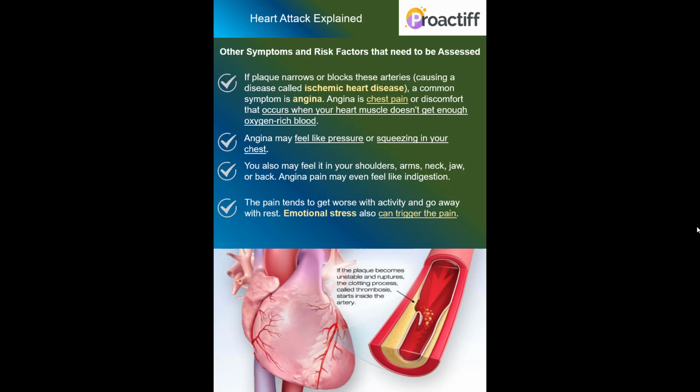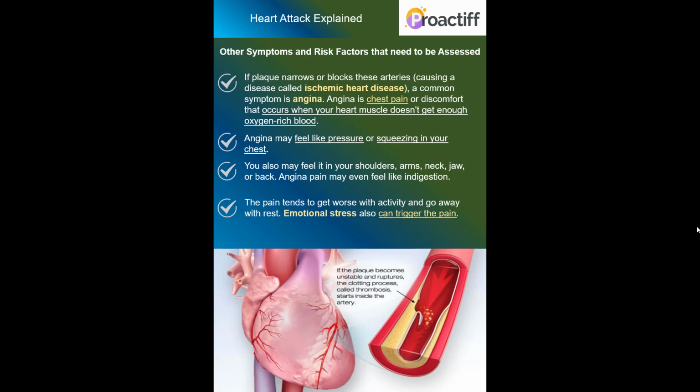Emotional stress can trigger further pain as well. One needs to take immediate care and get relief from that particular activity so as not to put additional pressure on the emerging medical condition.